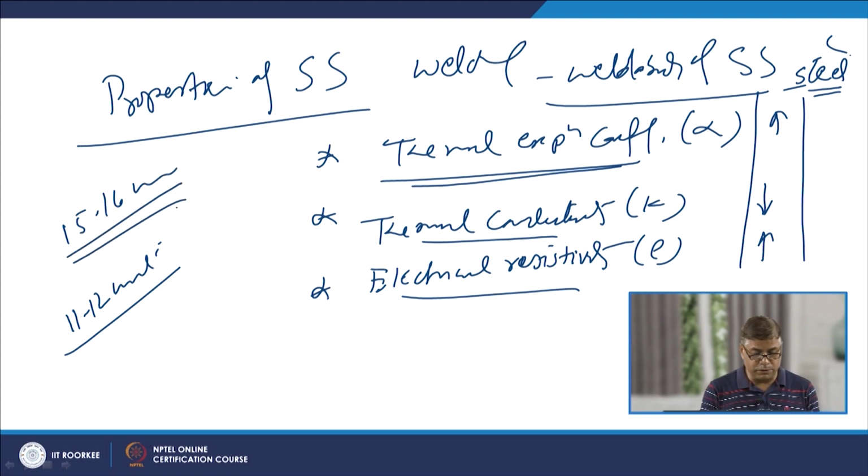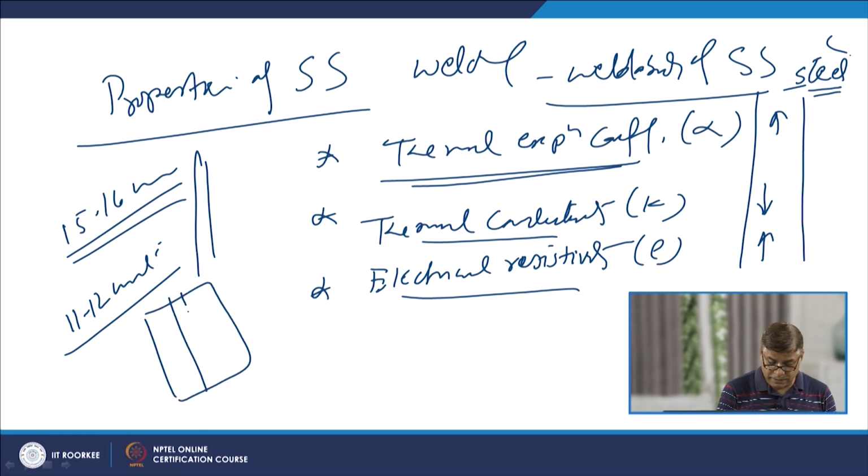So, about 40 to 50% greater thermal expansion coefficient leads to greater expansion and contraction of the zones during the welding, because localized heating is involved.